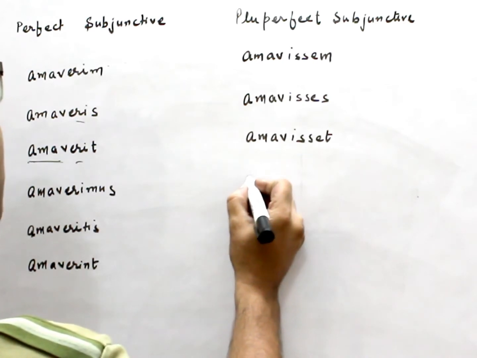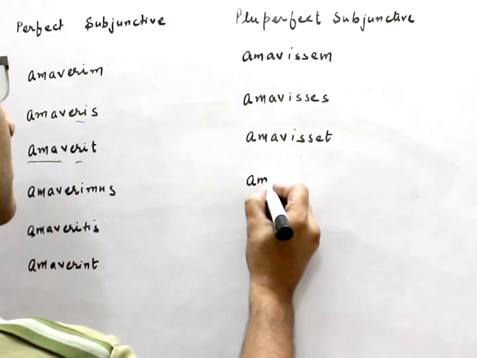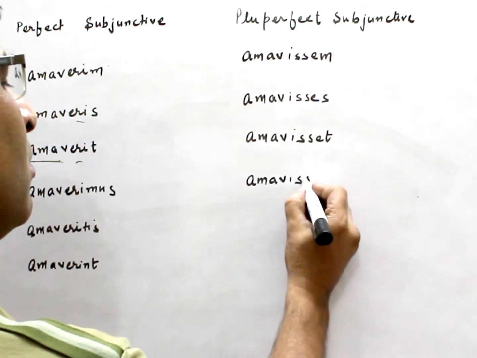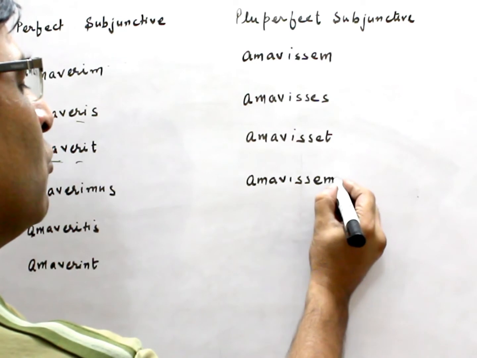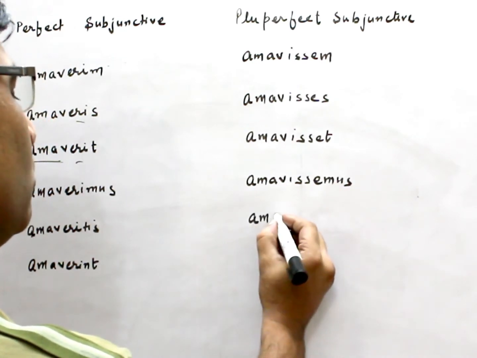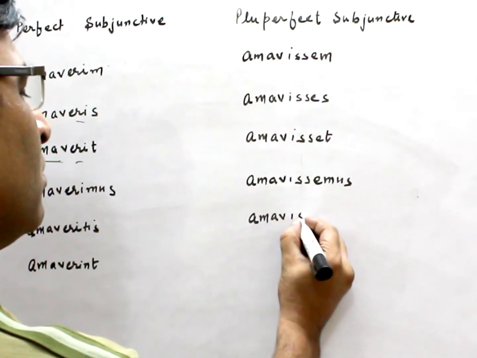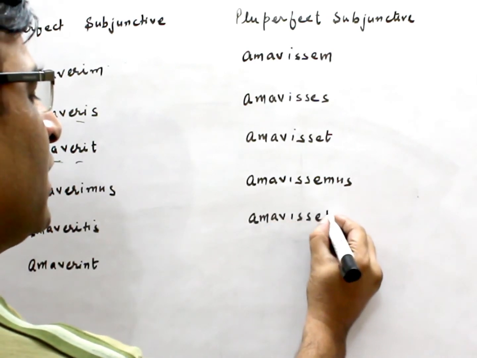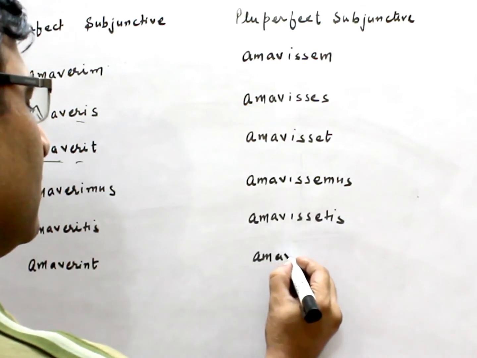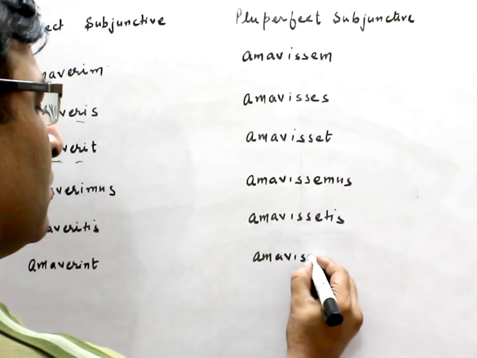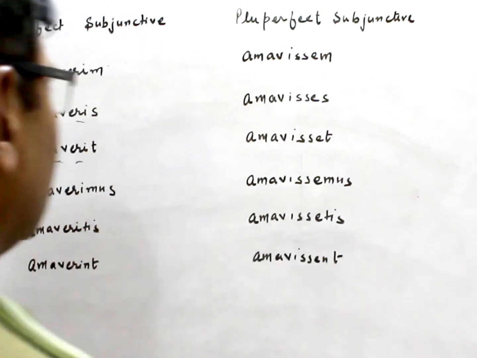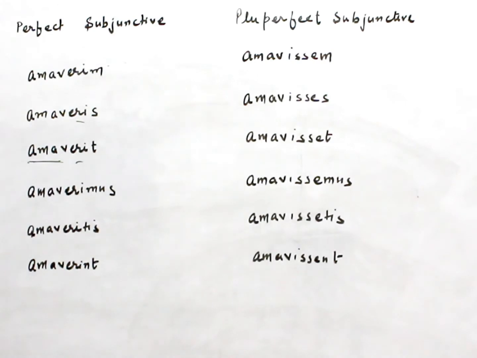For first person plural amavissemus, and for you plural amavissetis, and this is amavissent. So this is for this.